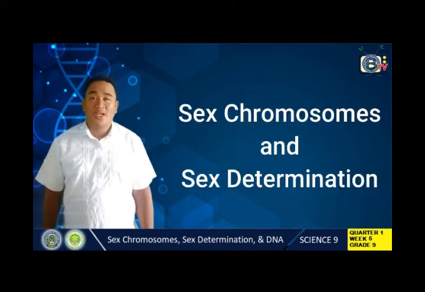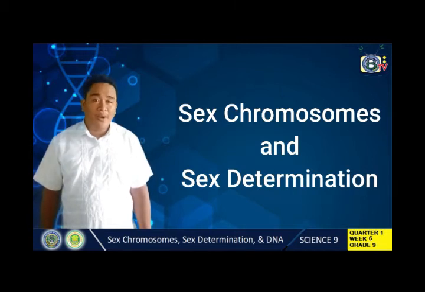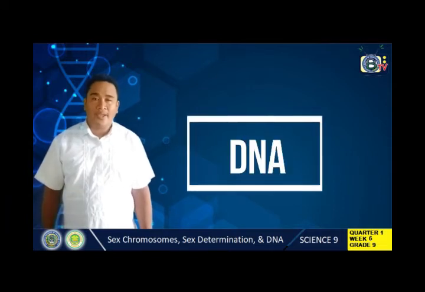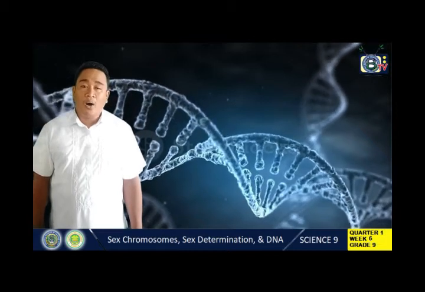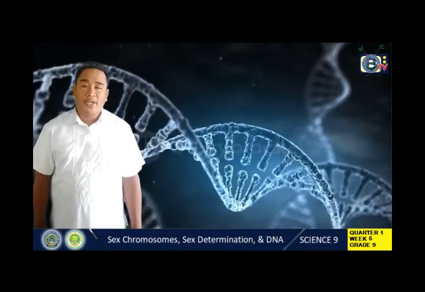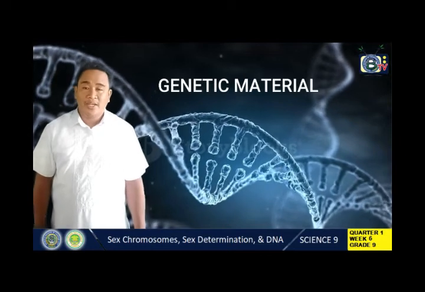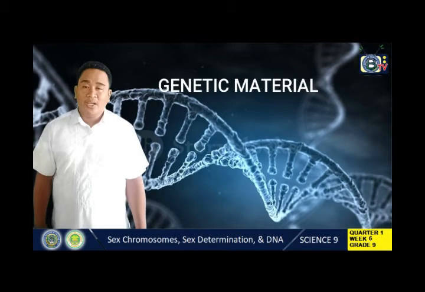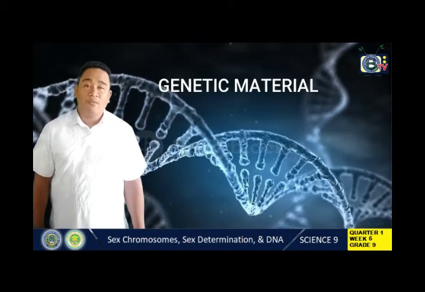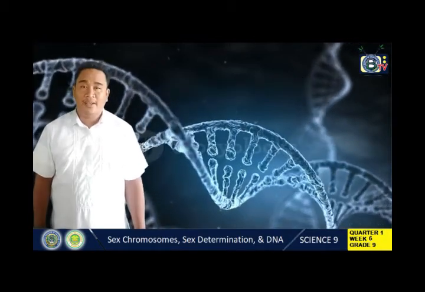We are done studying about sex chromosomes and sex determination. Now, let's move to our last but not the least subtopic, the DNA. When you were in grade 8, you learned that all living things contain genetic material that serves as the set of instructions that gives command of activities and functions of the cell.